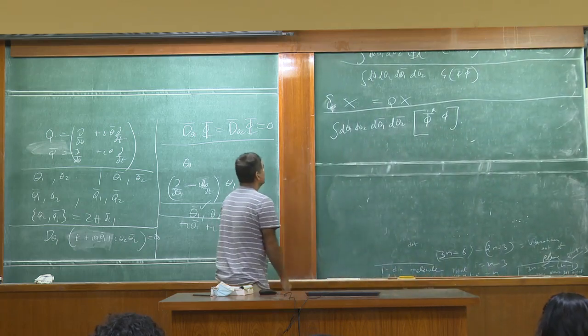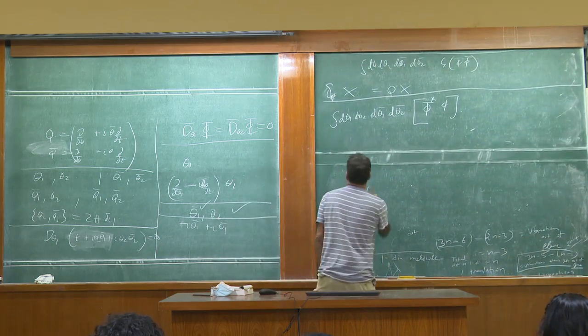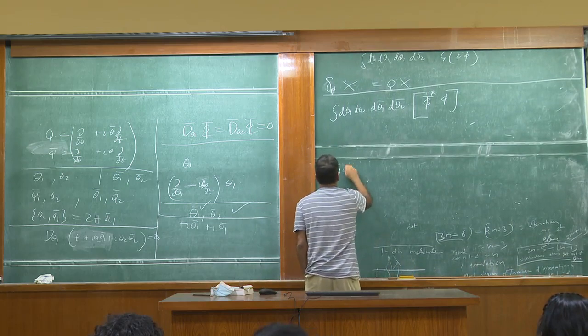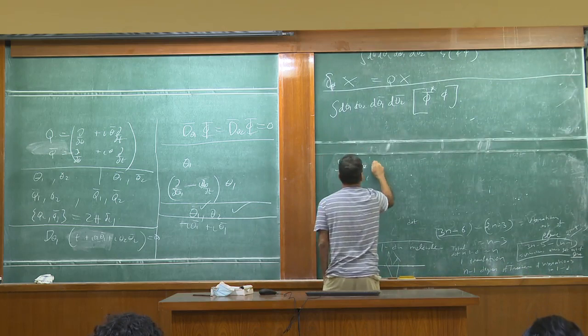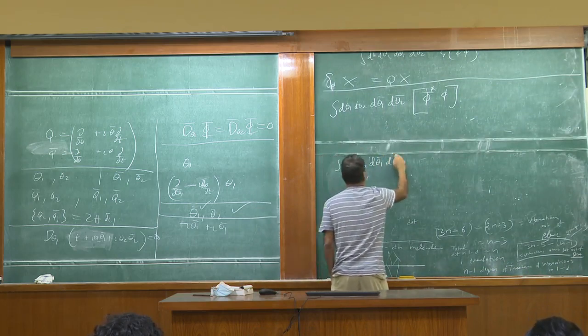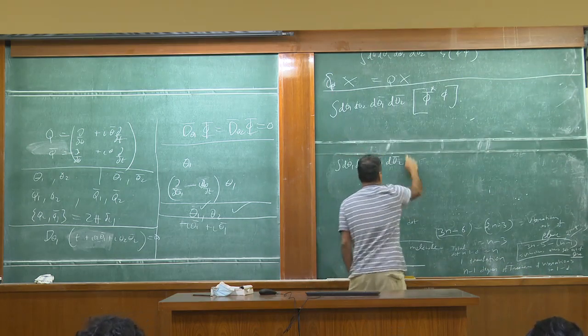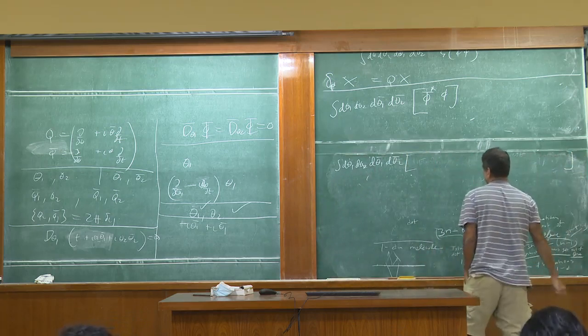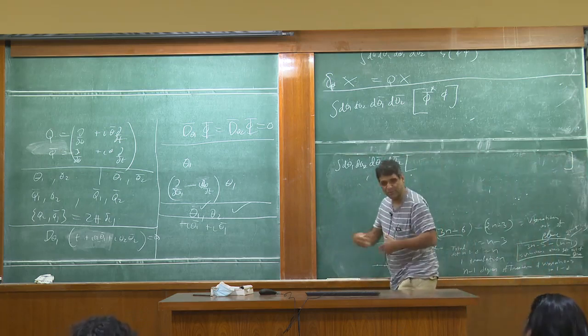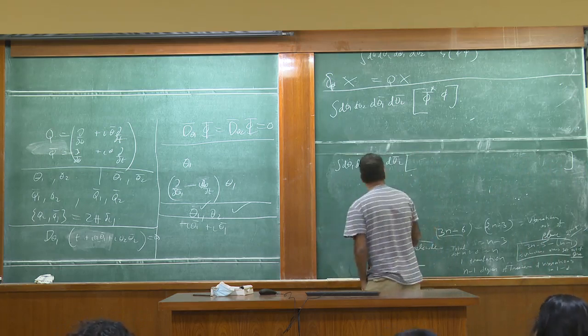Okay, so now what do we have to do? So let's expand. D theta 1, d theta 1 bar, 2, d theta 1 bar, d theta 2 bar. And now I'm just brute force expanding. Okay.